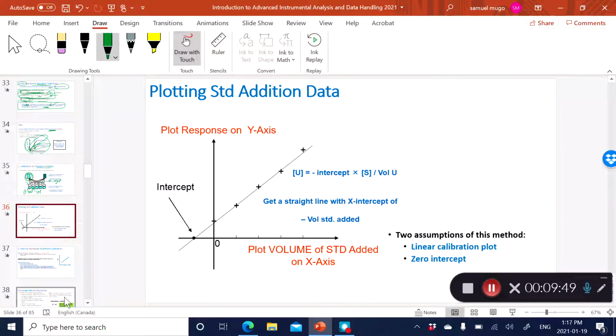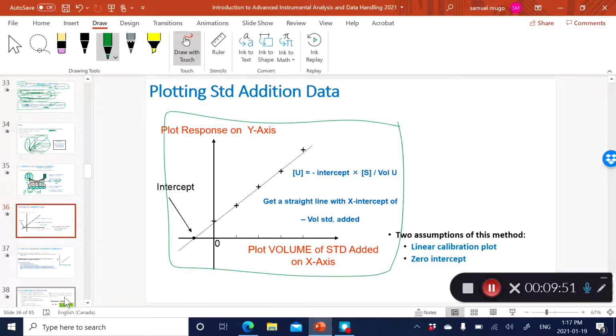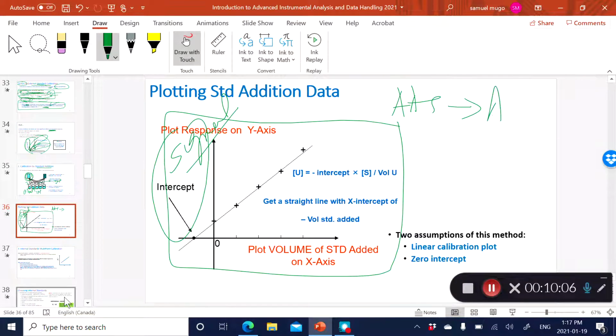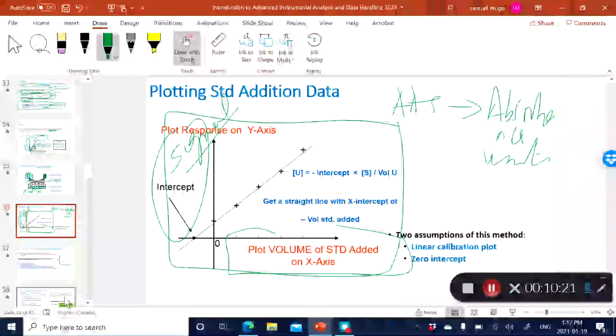And then you can generate a linear calibration. Now, in this case, the y-axis remains the signal from the instrument. So, for example, if you're doing AAS, like you're gonna do this week, the signal in this case is gonna be absorbance units. All right. And then in the x-axis, in the case of a standard addition, you would plot the volume of the standard that you added in each volumetric flask.